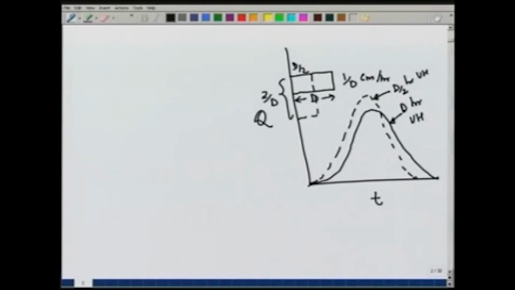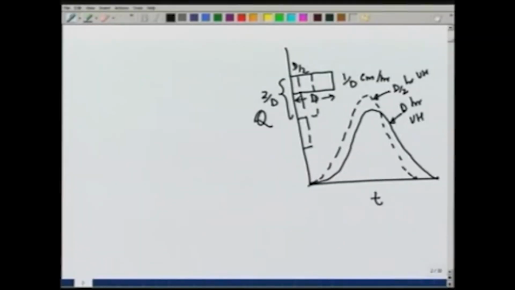Same argument can be extended further. If we further reduce the duration by half and increase the intensity to twice, we would get an ERH which is very narrow and the intensity is very large. In that case, the UH ordinate peak will again be larger, and the time base will become smaller.